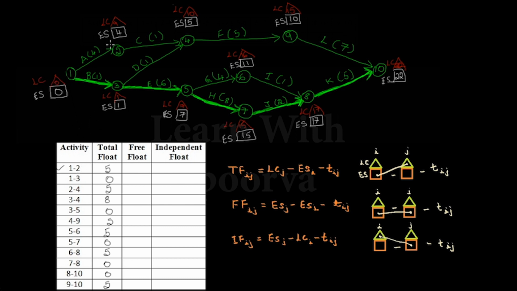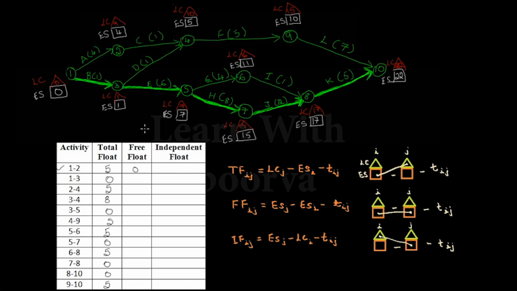For 1 to 2, this is the jth node and this is the ith node. ES of j is 4 minus ES of i, which is 0, minus the activity duration, which is 4. So we will get the result as 4 minus 0 minus 4, which is 0.